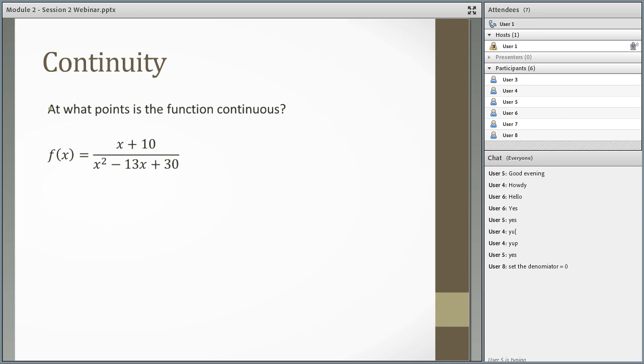Very good. So we can set the denominator equal to 0, because when the denominator equals 0, that's where we have a discontinuity.